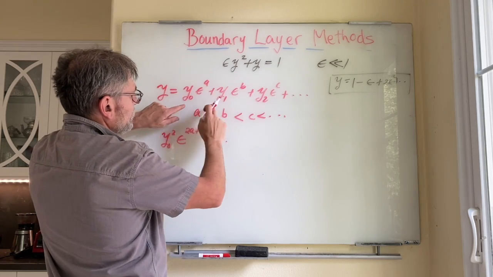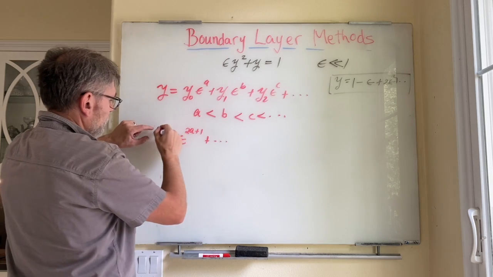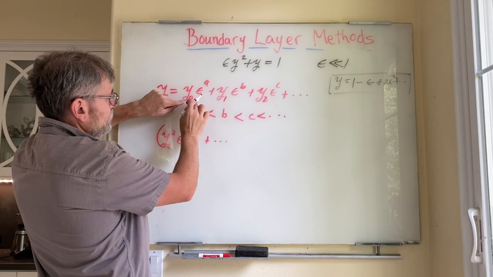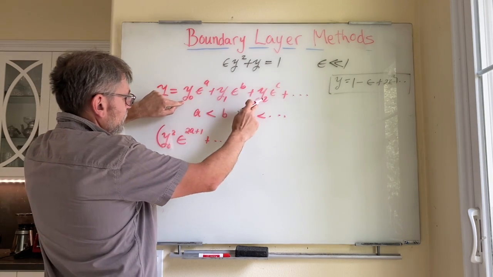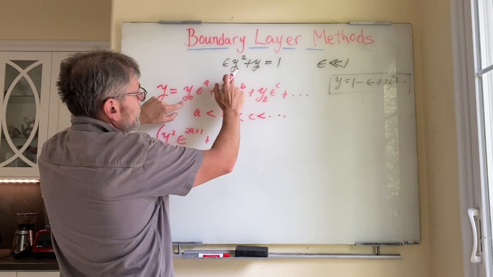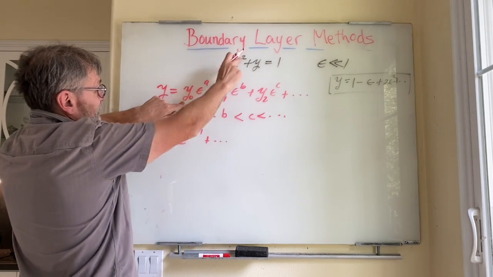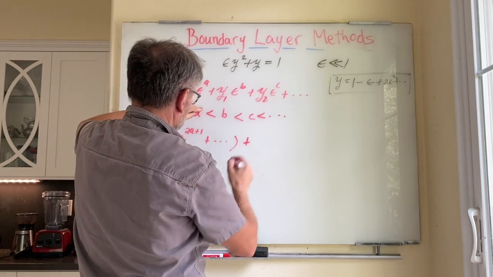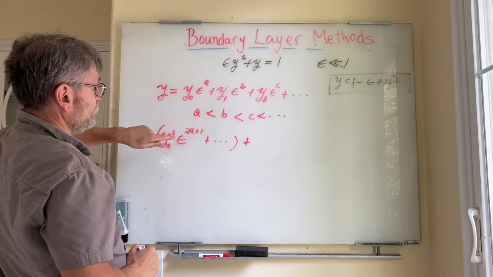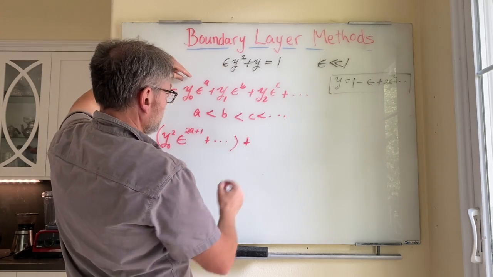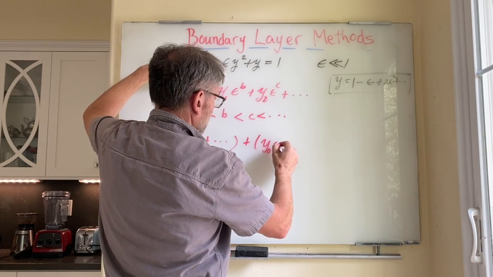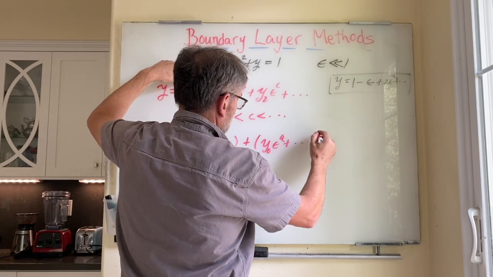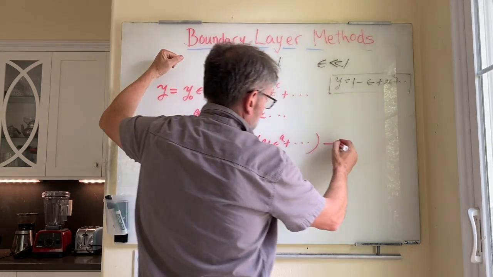There will be some cross terms and more terms, but remember that this one is bigger than that one, which is bigger than that one. So the leading term in the first part of the equation will be this term. And then plus, now we're going to do this one here. The leading term will again be y naught epsilon to the power a plus the other terms, minus 1 equals 0.